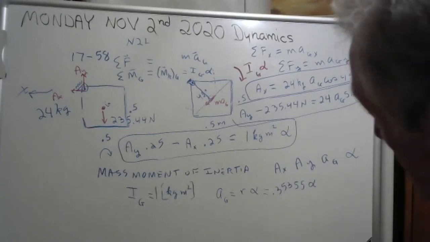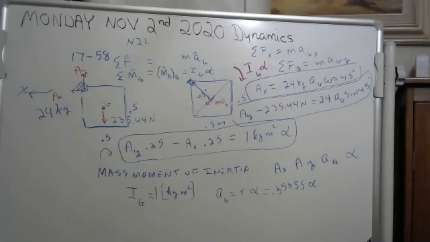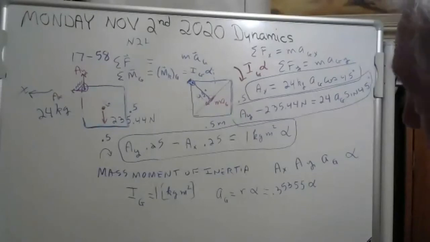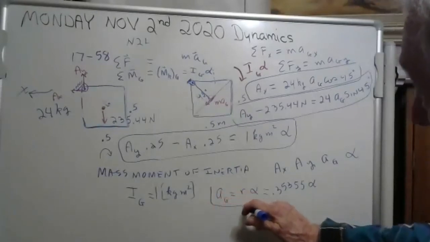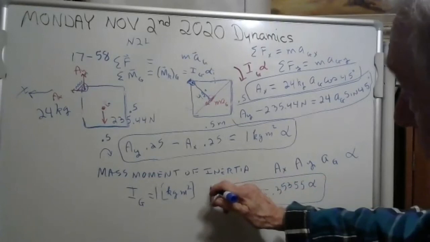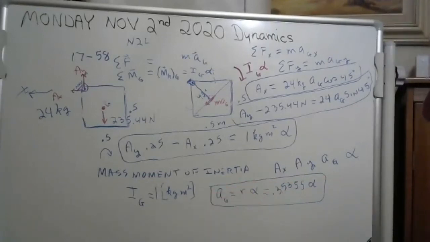There's our other equation. So now what do we do with it? We got some ugly algebra to do, don't we? But we got enough equations. We've got enough equations, we can solve it.